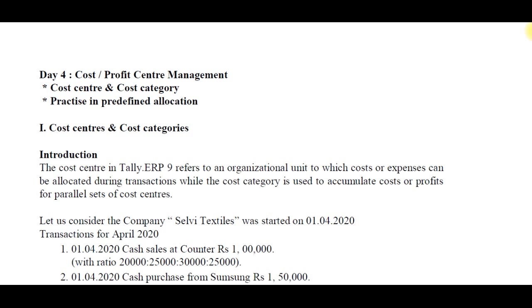That means the classification of reports from summarized reports. The final report contains the whole organization report, but in cost center, cost category we maintain reports for a particular cost center or particular cost category, getting how much income and how much expenses there are.